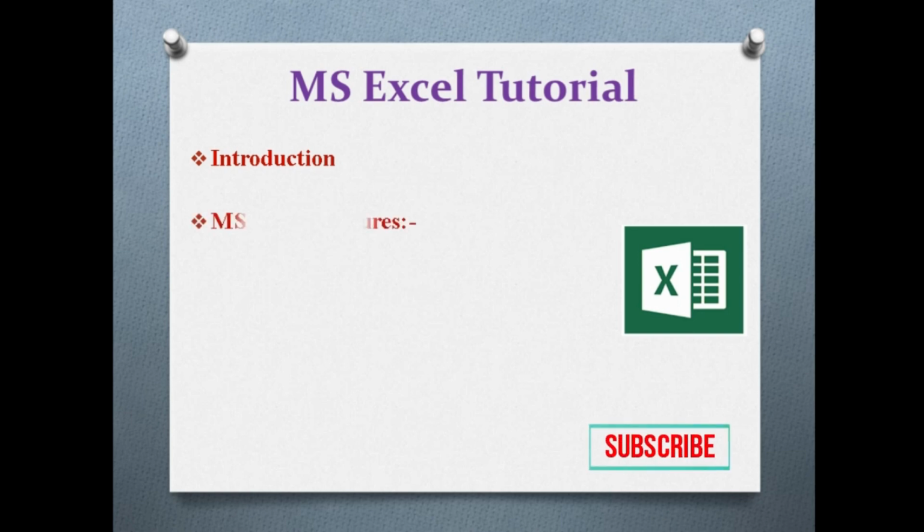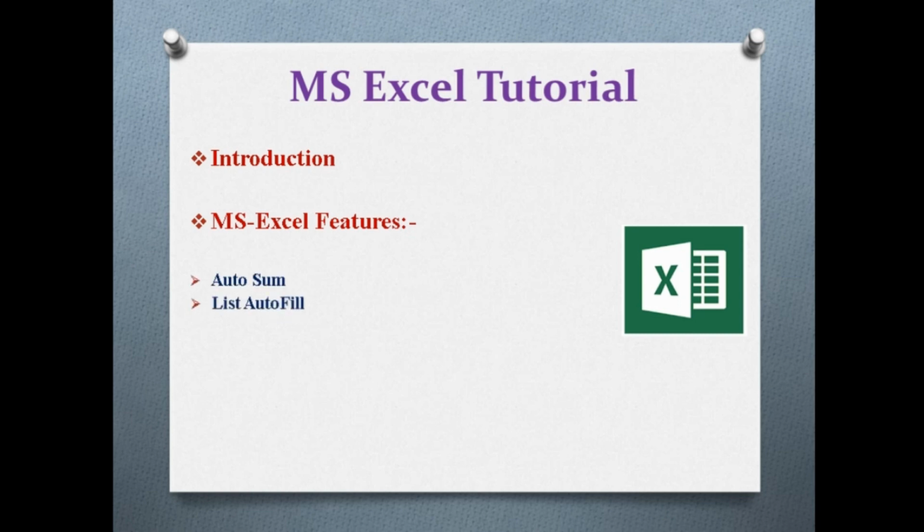Now let's discuss the features of Excel. There are several features available in Excel to make our tasks more manageable. Some of the main features are auto sum, list autofill, autofill, auto shapes, wizard, charts, pivot table, shortcut menus.